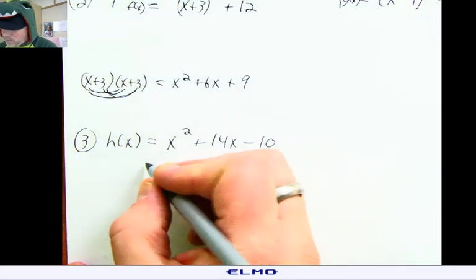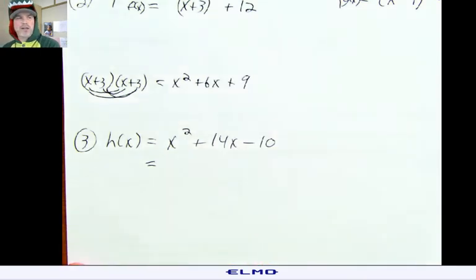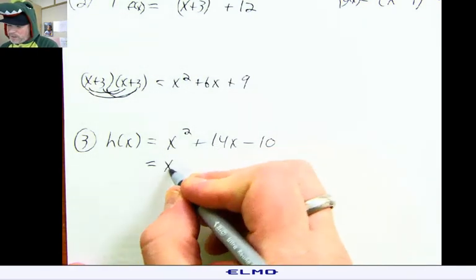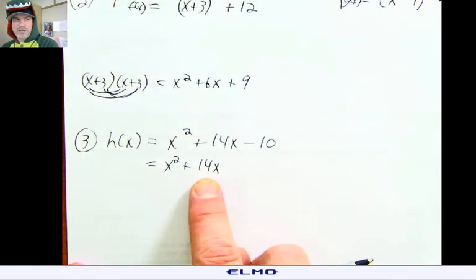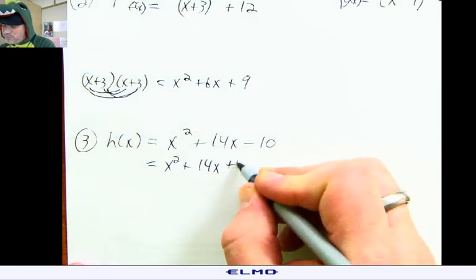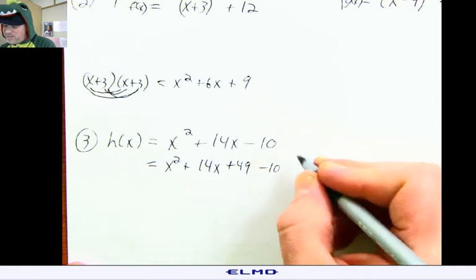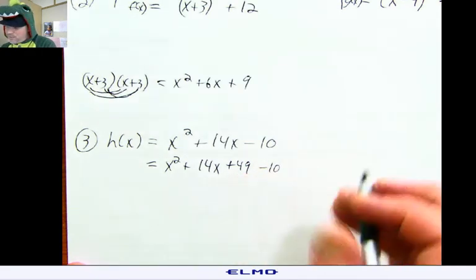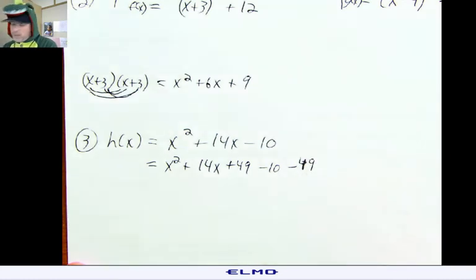Okay, here we go. This is kind of the pace that I usually solve these at. So I have x squared plus 14x. 14 divided by 2 is 7. 7 squared is 49, so I have this plus 49. And afterwards, I still have this negative 10. And because I added 49, I also need to subtract 49.